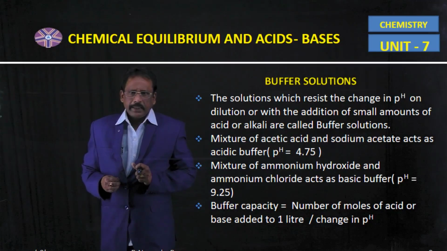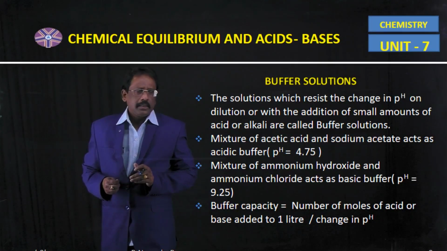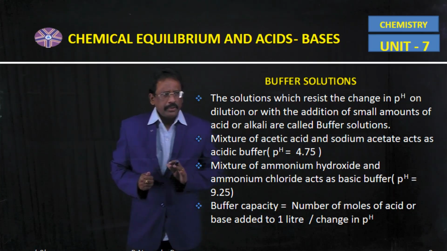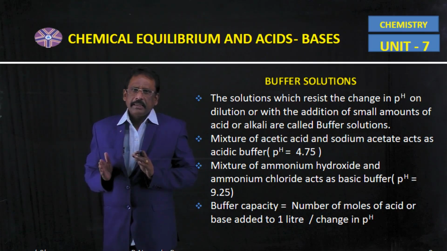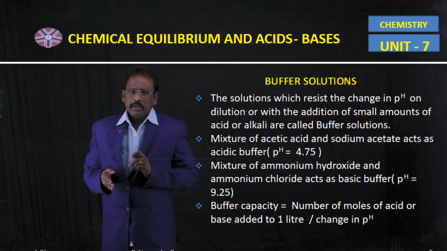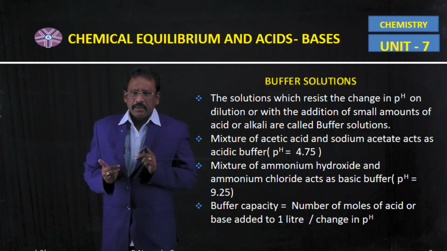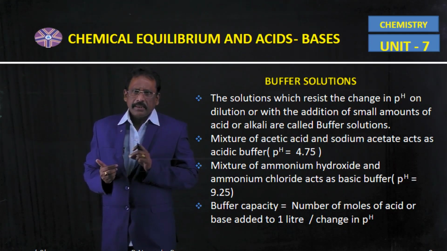The next topic in ionic equilibrium is buffer solutions. Buffer solutions are defined as the solutions which can resist the change in pH on dilution or by the addition of small amount of an acid or base.